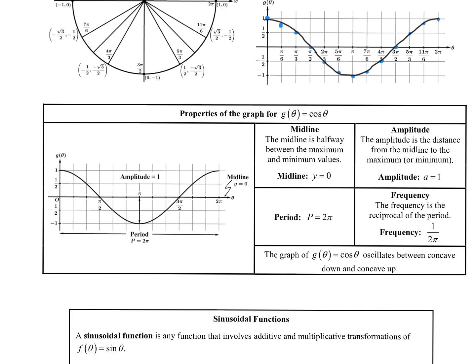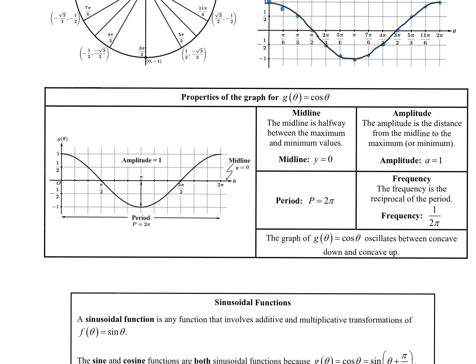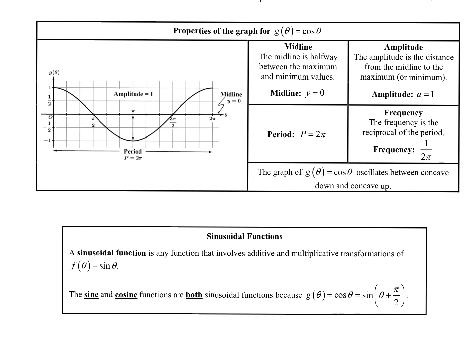And then our period is 2 pi unless we mess with our period and our frequency. Now, the thing that I want you to look at right here is a sinusoidal function is a function that involves additive or multiplicative transformations of sine of theta. And the cool thing about sine and cosine is that they're both sinusoidal functions, even though like it says cosine and sine.